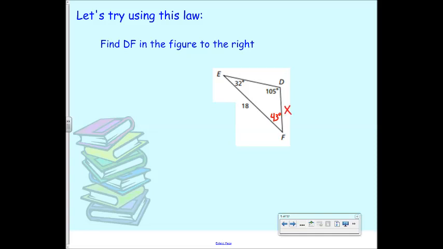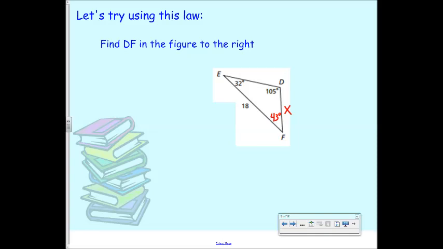If I'm using the law of sines, I want to use 2 angles and 2 sides. One of my sides is going to be this one, because I know that one. And one of my sides is going to be this one, because I'm looking for that one. So which side don't I care about here? ED. I don't care about that one because it's not the one I know and it's not the one I'm looking for.